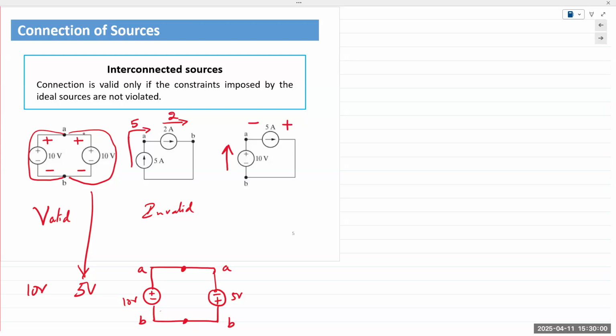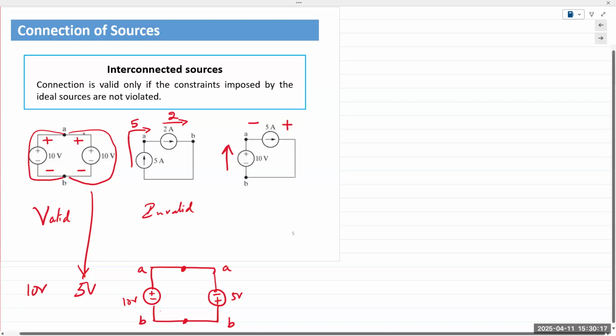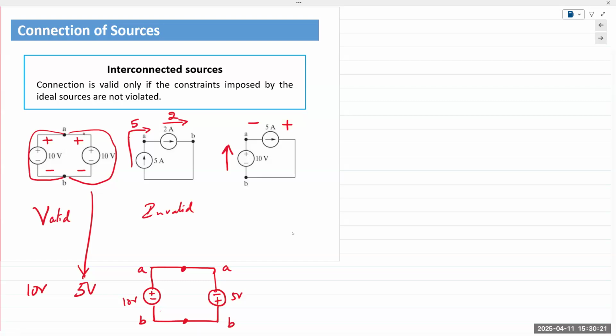But one thing we know for sure is that the current in a voltage source will always go from minus to plus. Remember, for a source, it is opposite. For all passive components, current always goes from high to low, from plus to minus. For a source, it always goes from minus to plus.